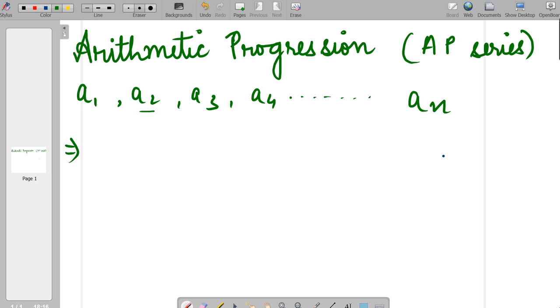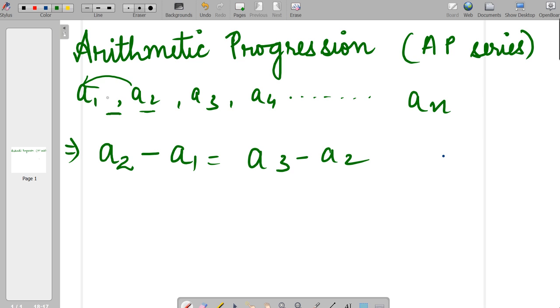You will take the second element, A2, and subtract A1 from it. That result should be equal to A3 minus A2. First subtraction is between the first and second element, the second subtraction is from the third element to the second element. When you get the difference, suppose the difference is D, that same difference you will find in this case also.